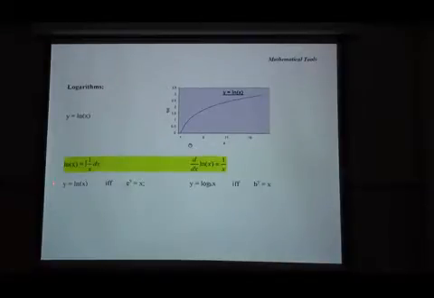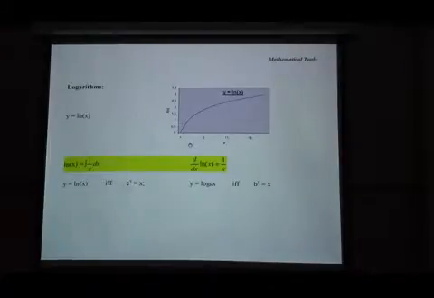So y is equal to natural log of x. If we have this function, this is true if and only if e to the y is equal to x. So natural log of x is asking e to what power is equal to x. E to the y power is equal to x. And if we have a log, ln means log base e.